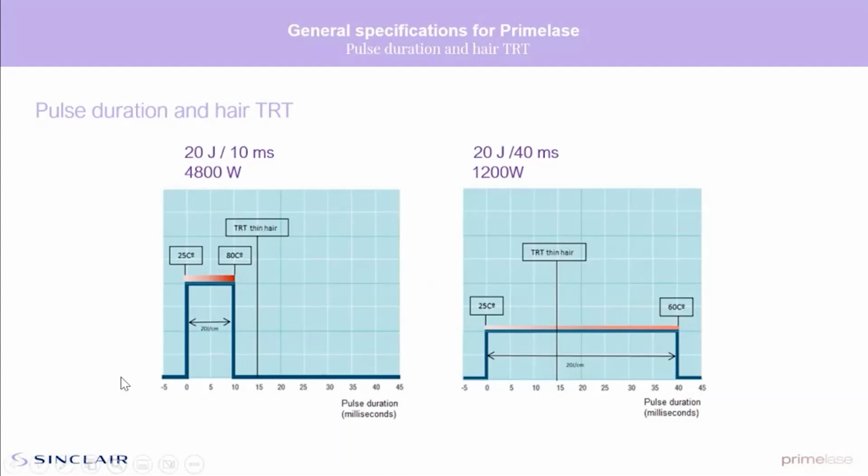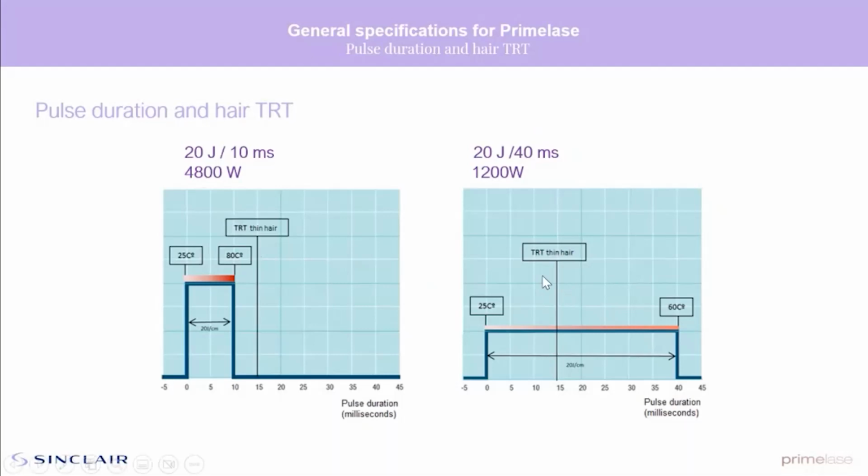In this example on the left, we see that the pulse duration is 10 milliseconds, so it's quite shorter than the TRT. In this case, all the energy is delivered so fast that there's the possibility of really increasing the temperature up to these 80 positive degrees and being really effective on the treatment.